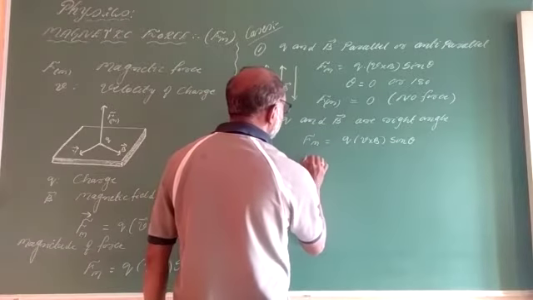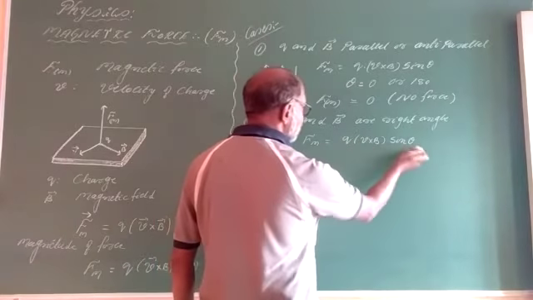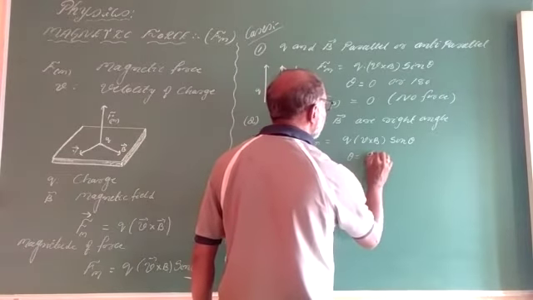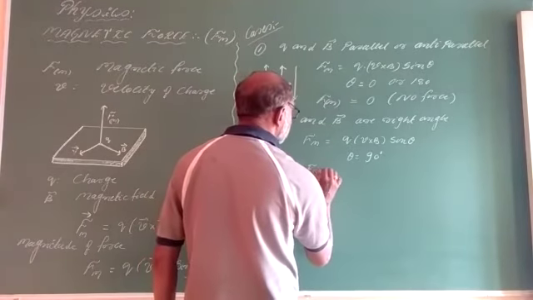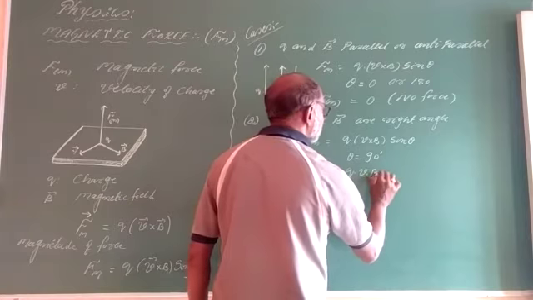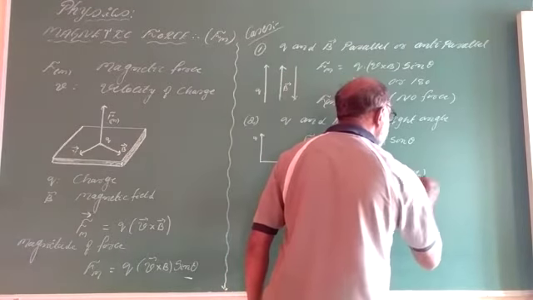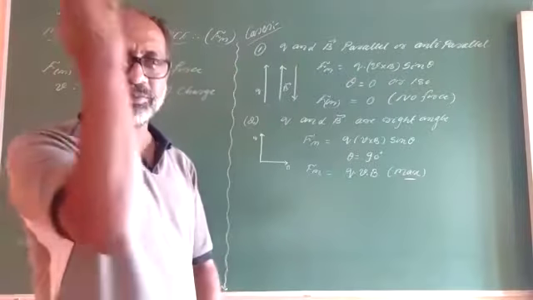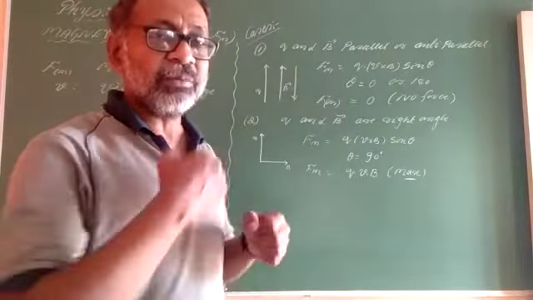Therefore, if theta is equal to 90 degrees, F_M is equal to Q V B, since sine 90 is 1. Here the force becomes the maximum force.